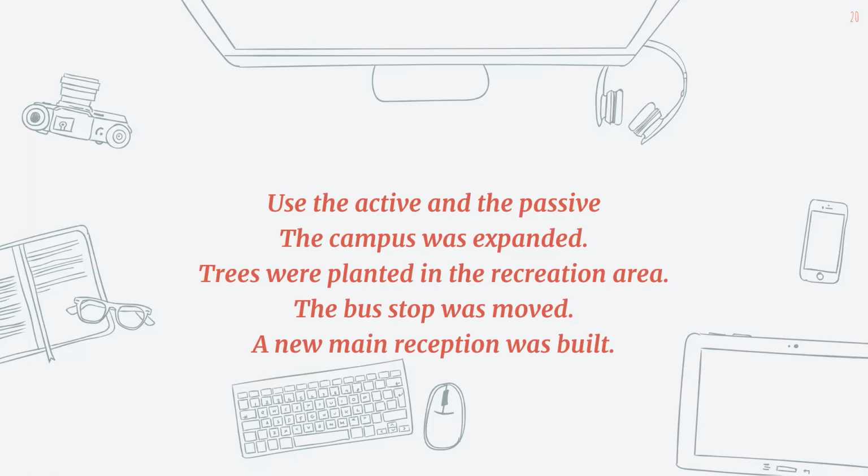We could see the campus was expanded. Trees were planted in the recreation area. The bus stop was moved. A new main reception was built. I don't really care who built what, right? I'm talking about the changes, not the people who made that possible. So you will mostly use the passive voice, but sometimes you need to use the active voice, as we are going to see in a minute.